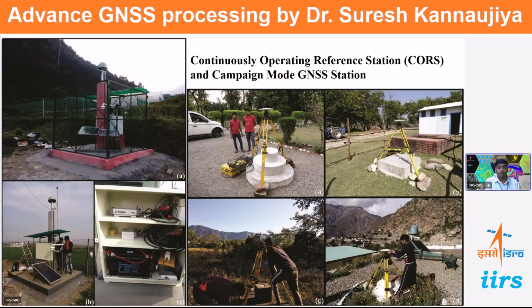The difference is that one is continuous and one is episodic. The campaign is mainly episodic. If we don't have a budget, we have to go for episodic measurements, and if you have a good budget, we can go for continuous measurement.